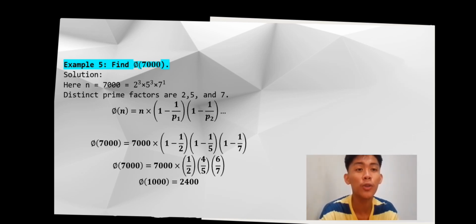Then we multiply 7,000 times 1/2 times 4/5 times 6/7, and the result will be 2,400. Therefore, there are 2,400 numbers that are relatively prime to 7,000.